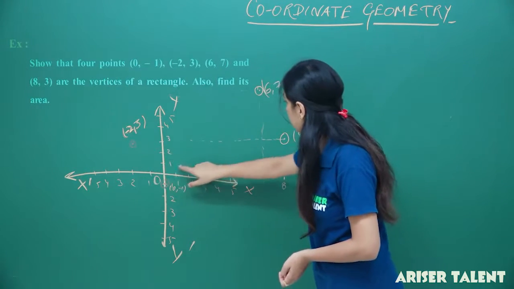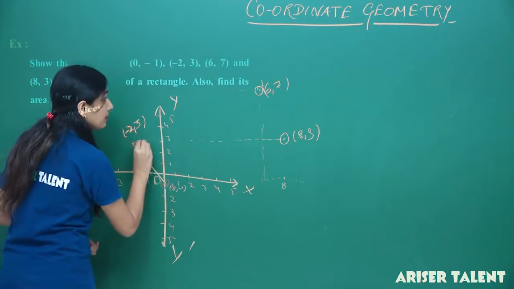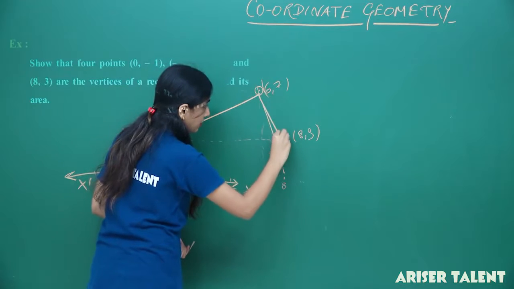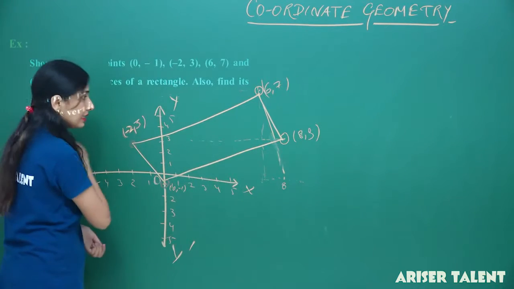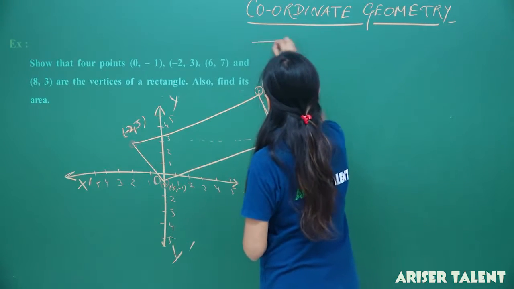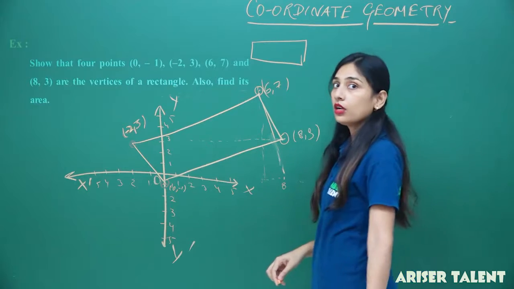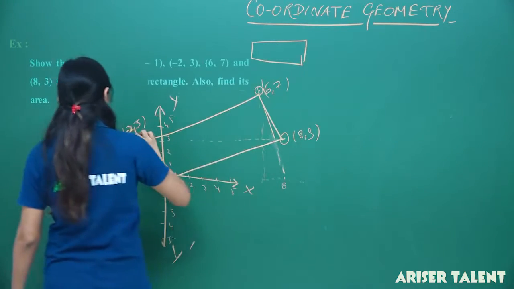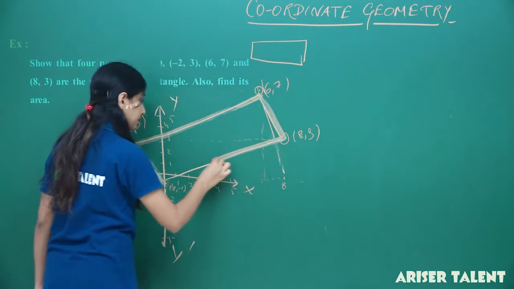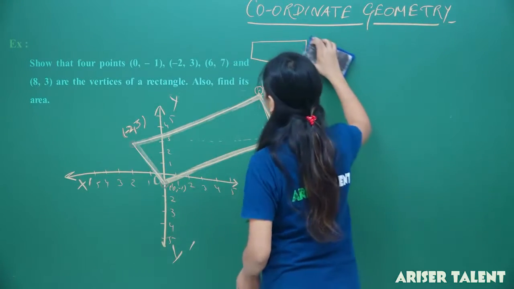It's like this, not here but here. It's not always necessary that your rectangle or your square, whatever figure is given, will be horizontal. So here it's a figure something like that. This is the figure it's talking about.